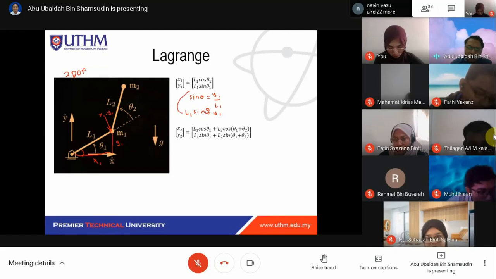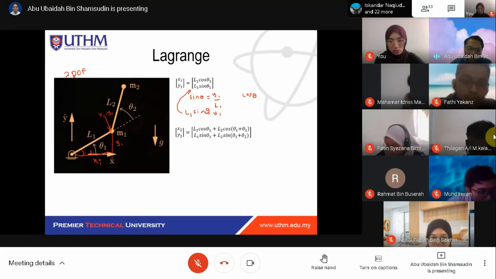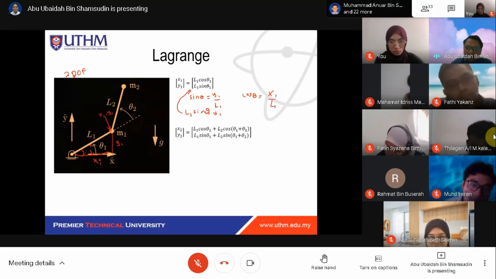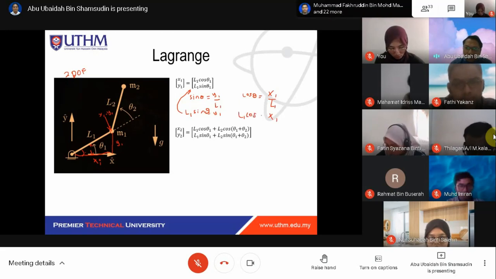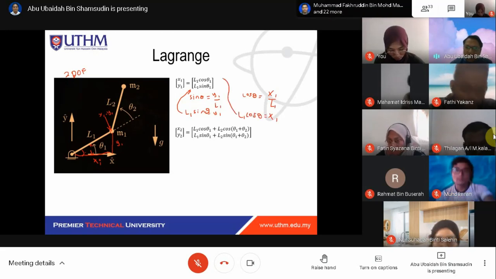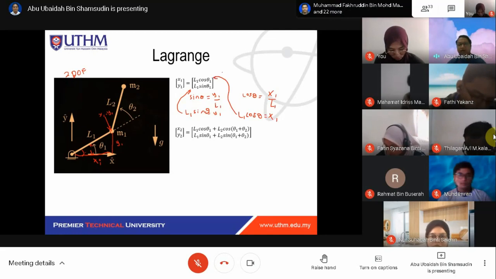And for here, we can get it by using cos theta. This is theta, which is the adjacent, divided by the hypotenuse. So adjacent is x1 divided by hypotenuse L1. So x1 equals L1 cos theta. So now we have x1 and y1.